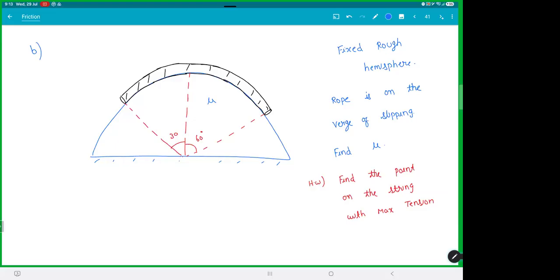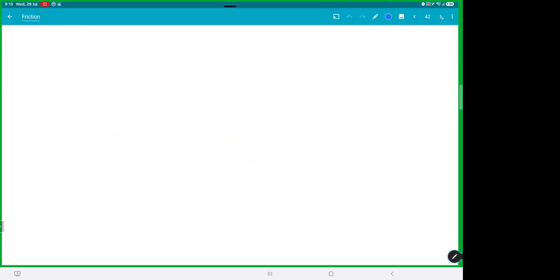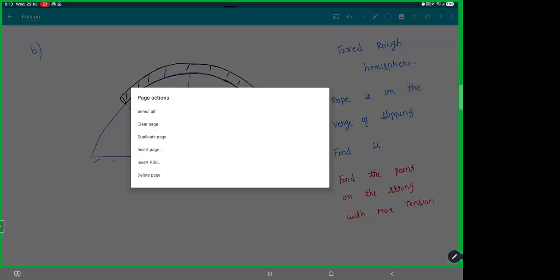2 minus root 3, yeah. Let's see. You can directly use the formula which I gave you right now.